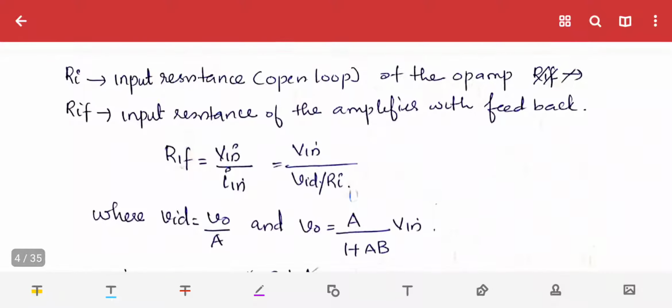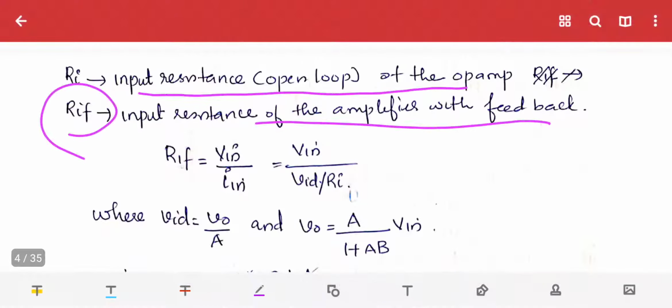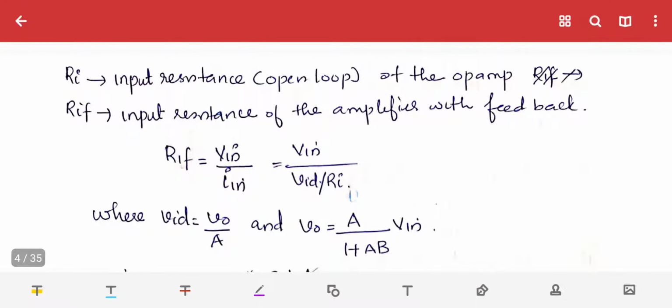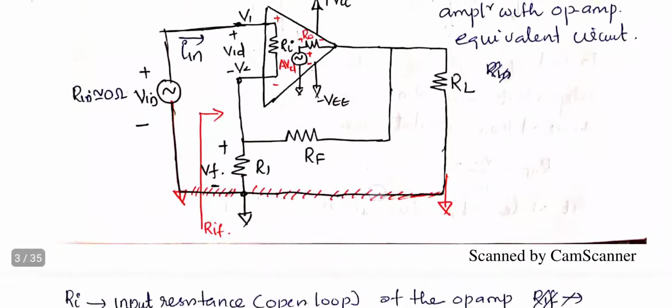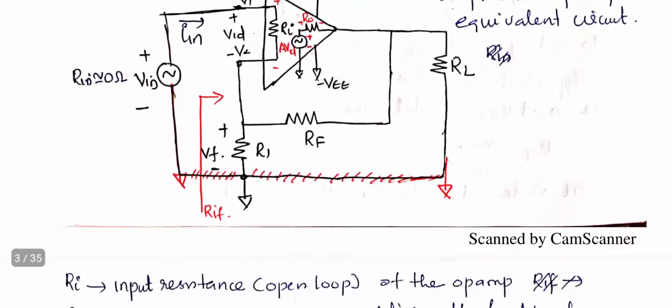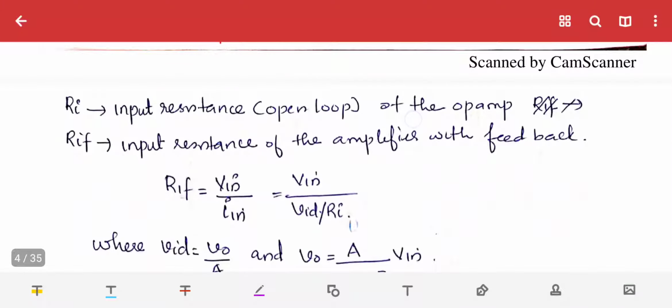Here Ri is the open loop input resistance of the operational amplifier. RIF is the input resistance of the amplifier with feedback. So we have to get the expression for RIF. What is RIF? It is the input Vin with feedback divided by I in.